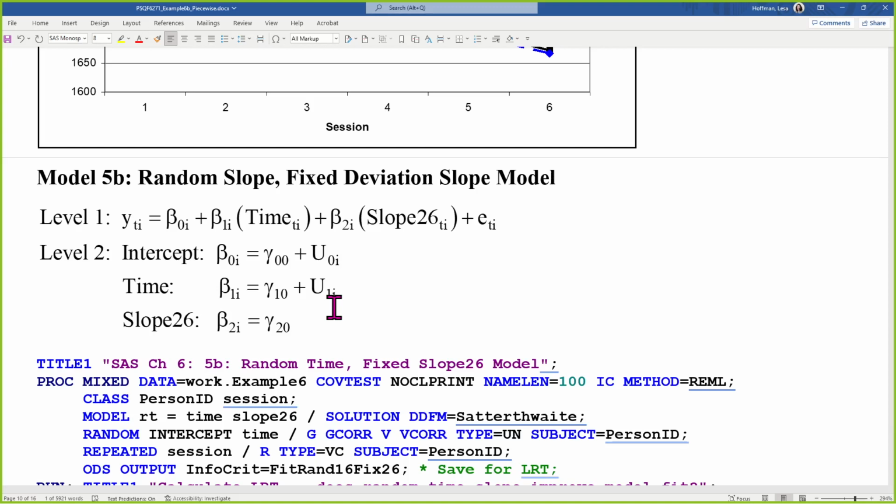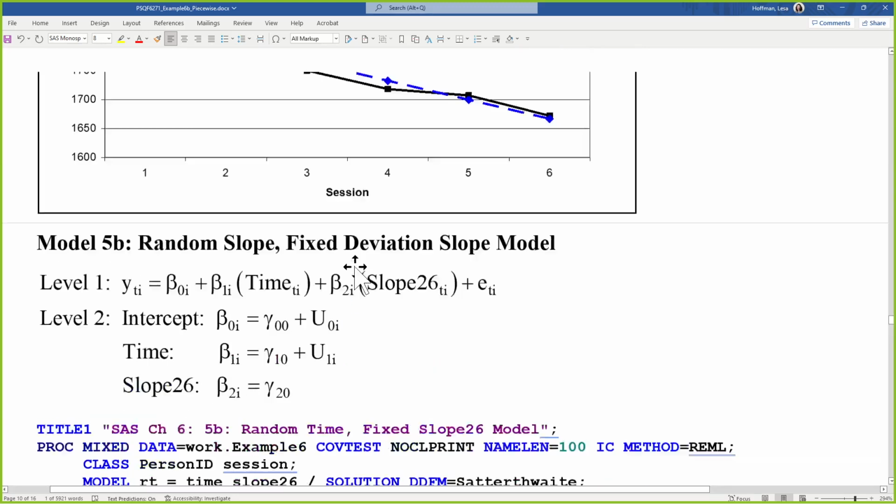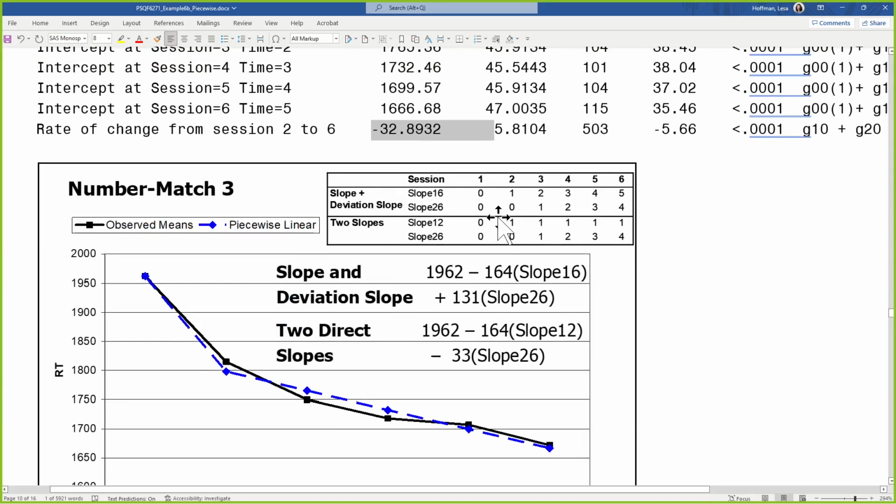Oh, okay. So we have to think about what these things mean in terms of what is unique, on each side of the model. On the fixed side, the reason that slope 1.6 becomes just the rate of change between 1 and 2 is because that's all that it does uniquely after controlling for slope 2.6.